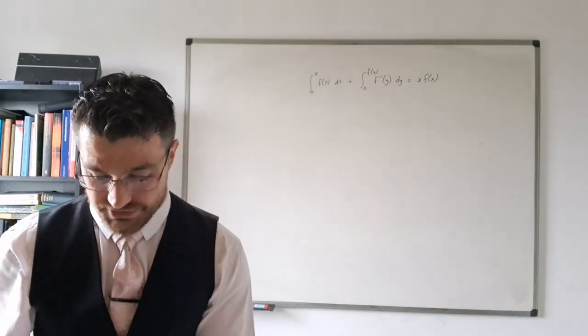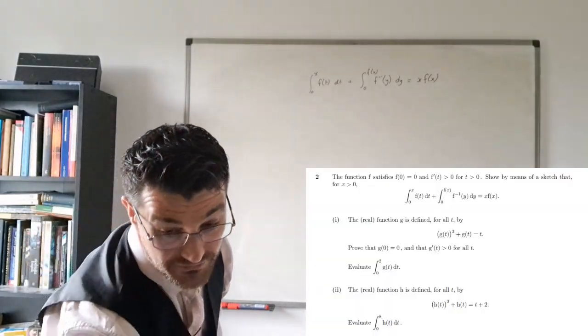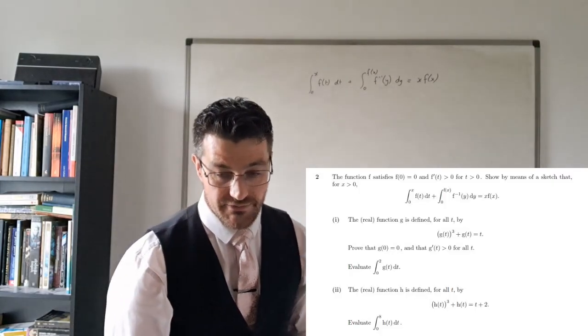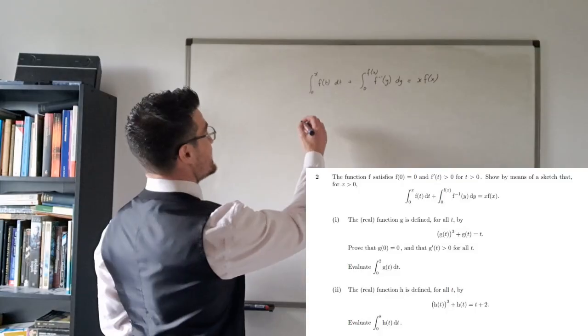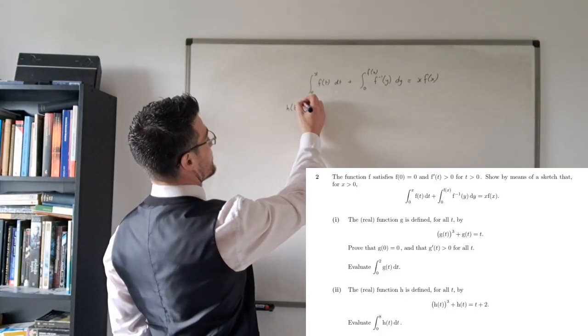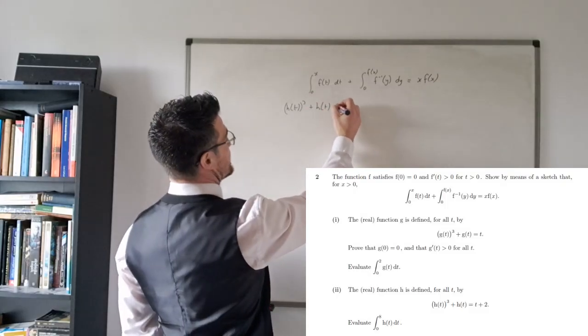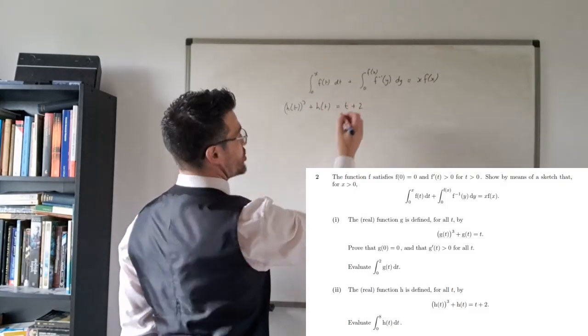So then we're on to the final part. Again, the real function h is defined for all t by h of t cubed plus h of t is equal to t plus 2.